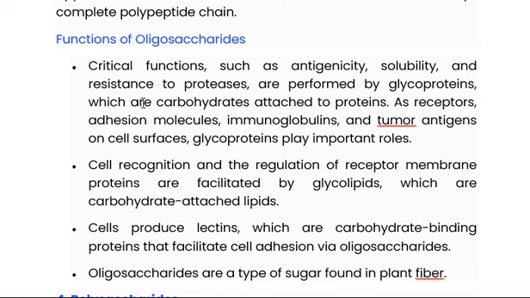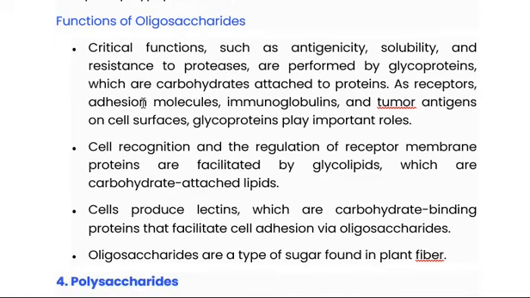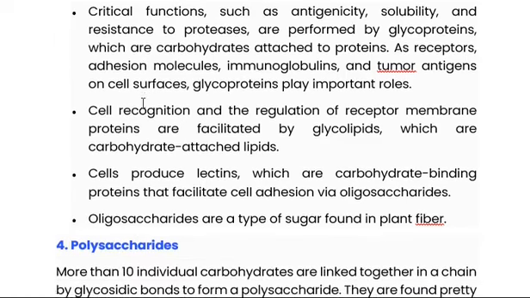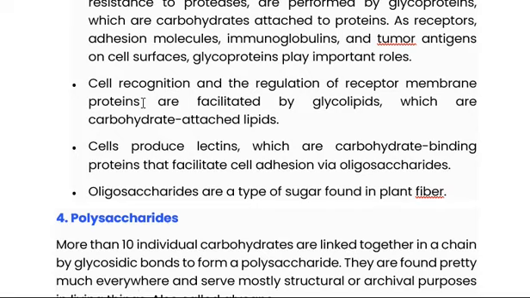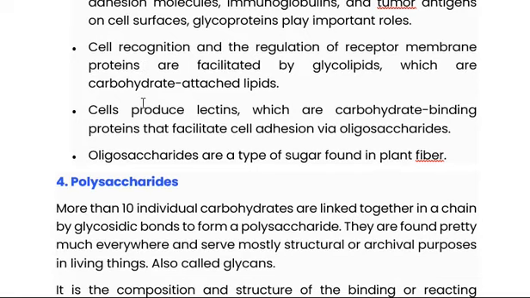At receptors, adhesion molecules, immunoglobulins, and tumor antigens on cell surfaces, glycoproteins play important roles. Cell recognition and regulation of receptor membrane proteins are facilitated by glycolipids, which are carbohydrate-attached lipids.